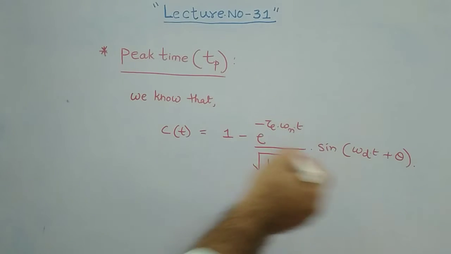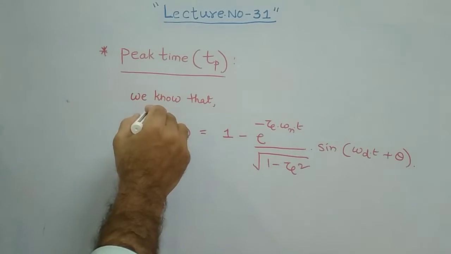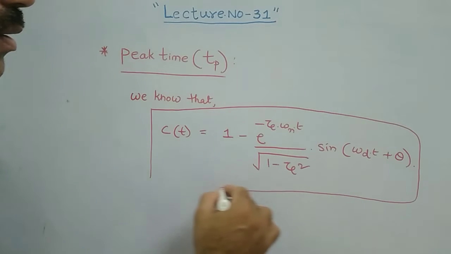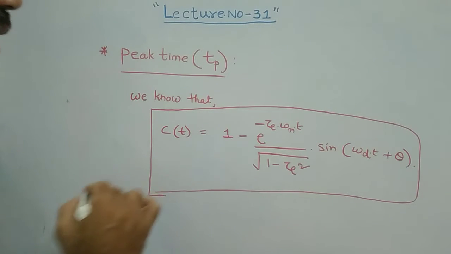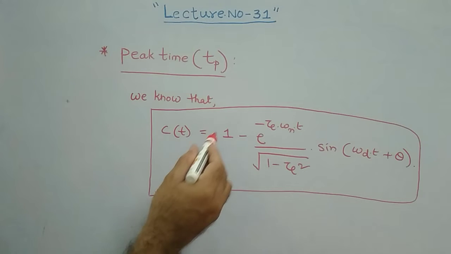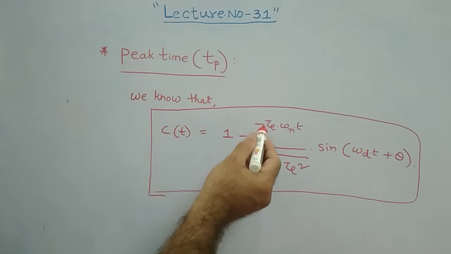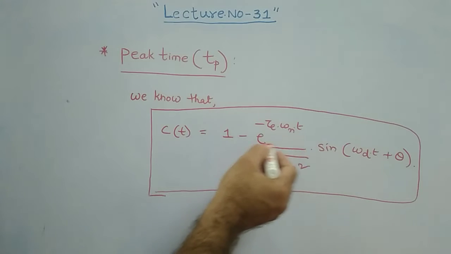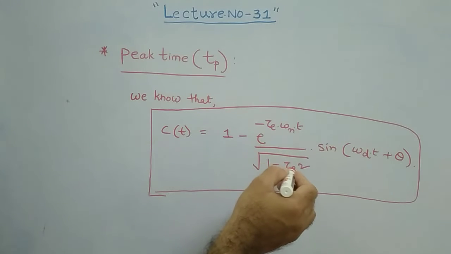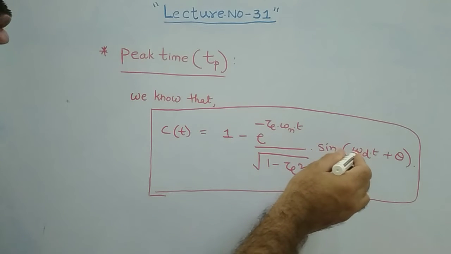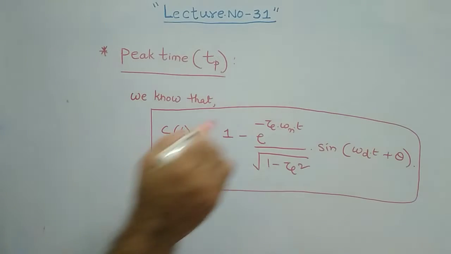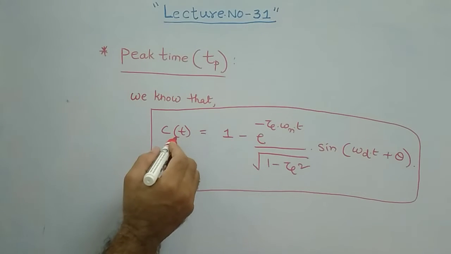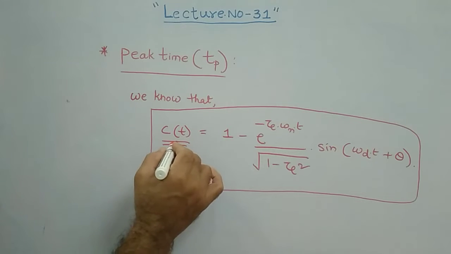This is the expression for the response of a second order system, so you must remember this. C of t is nothing but your response.